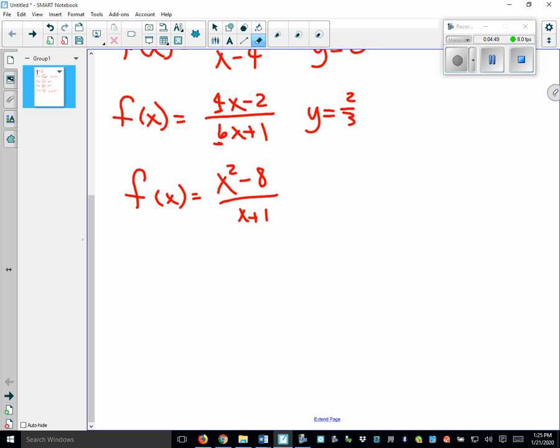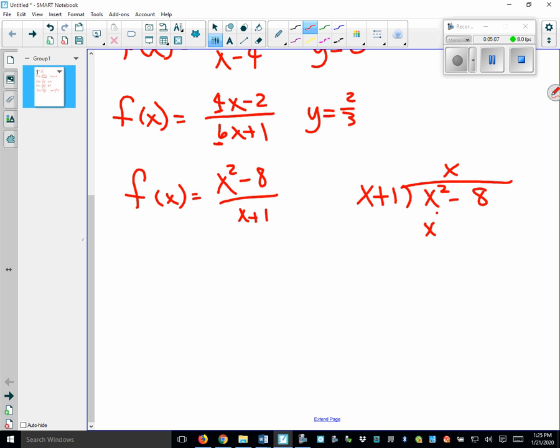Okay, so what we're going to do is say x plus 1 into x squared minus 8, right? What do I multiply x by to get x squared? X gives me x squared plus x, change the signs, negative x minus 8.